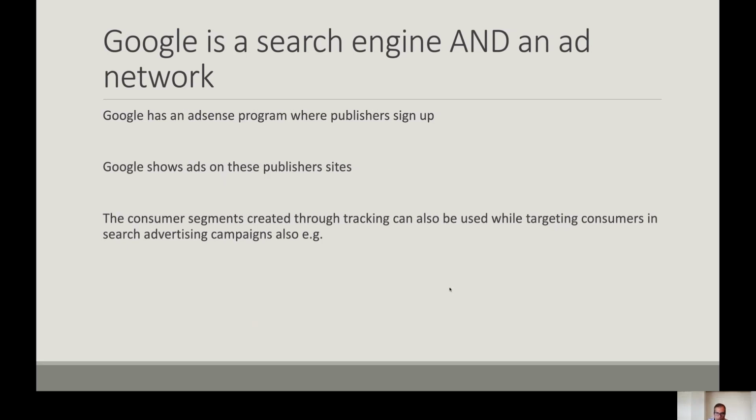And so therefore, Google Ads is able to create a segment of consumers based on their interests. Now, when an advertiser is implementing a search advertising campaign, they can ask that their ads should be shown not only when there is a matching of the keywords with the search query, but when this matching happens and this kind of a search query is being used by a consumer in a certain interest category, right? So you can see that an advertiser, even while doing search advertising, can benefit from the fact that Google is also an ad network.